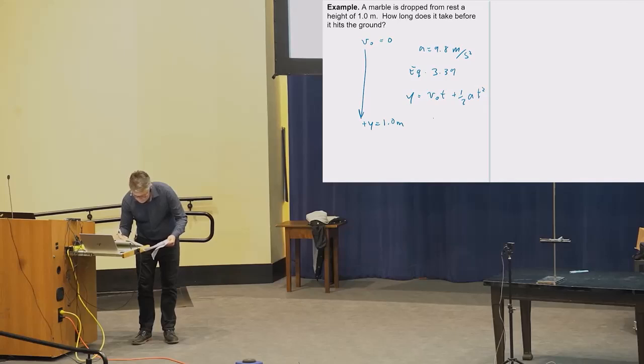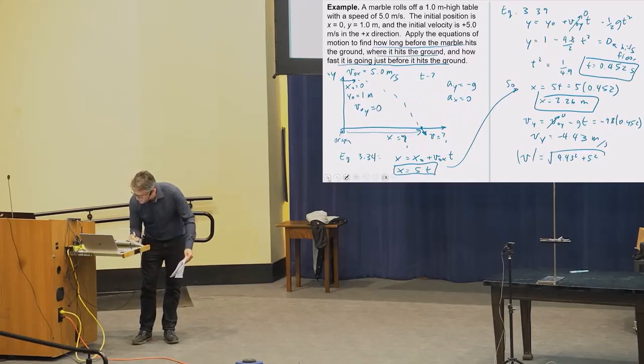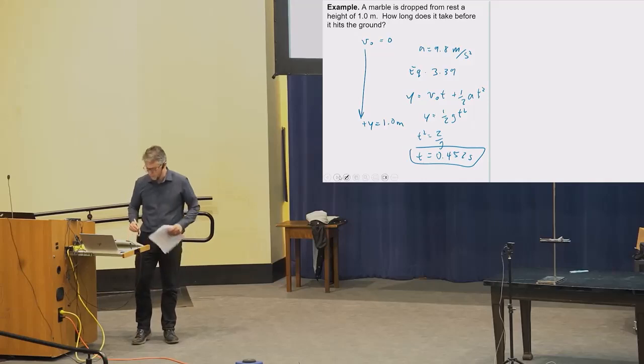I've defined plus y to be down now, so y is equal to 1/2 gt squared. So t squared is equal to 2 over g. Anyway, you get t equals 0.452 seconds, which was the same as it was for the ball going sideways, 0.452 seconds.